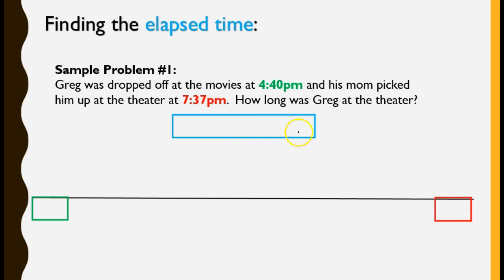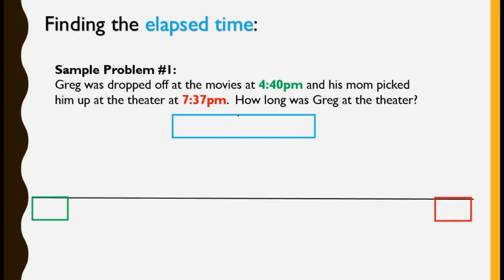So every time you're solving one of these time problems, just get into the habit of creating this. Now I have sent you in your email a worksheet for you to follow along with me. So make sure that you have that in front of you, and you will see this very thing in front of you. And you can follow along as I solve it. I want you to do it on your paper as well so that you can have some great examples to refer back to.